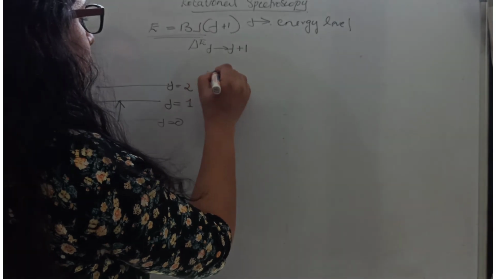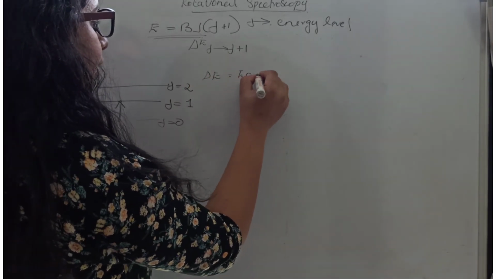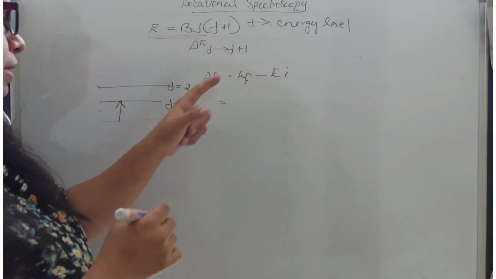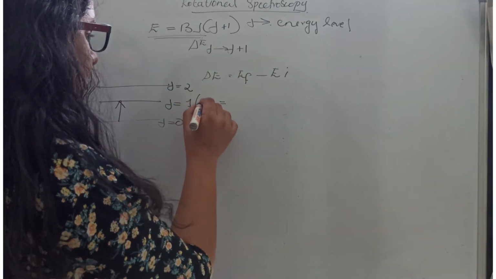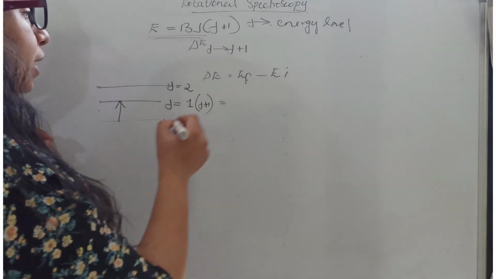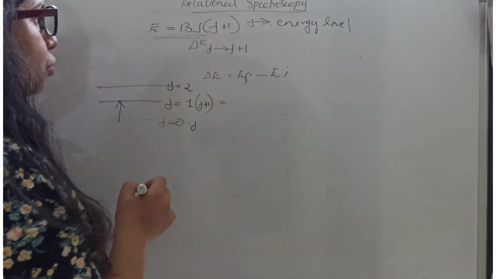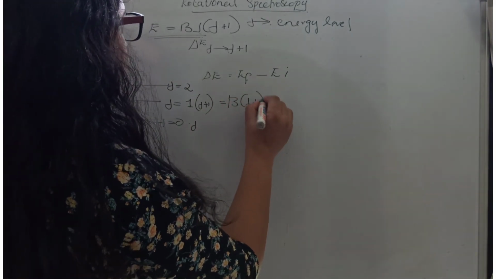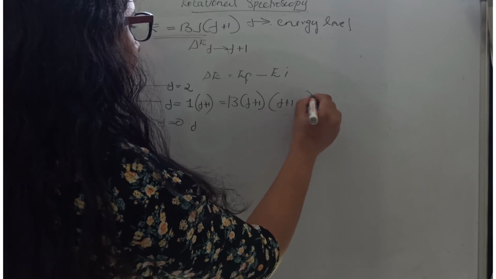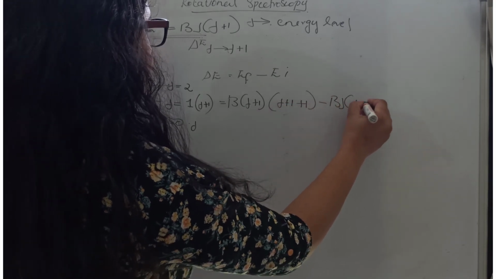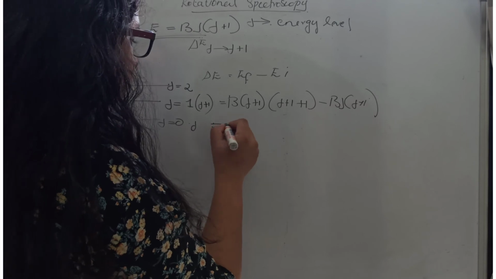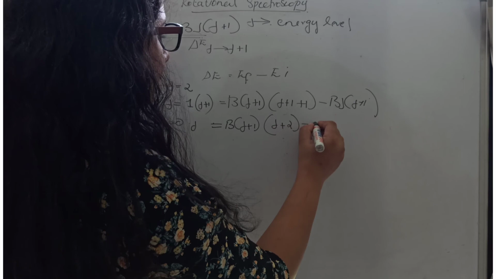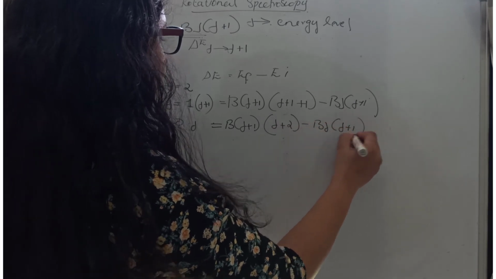Delta E is E final minus E initial, where J plus 1 is the final. So you substitute J plus 1 for J in BJ into J plus 1. Substituting, you get B into J plus 1, into J plus 2, minus BJ into J plus 1.